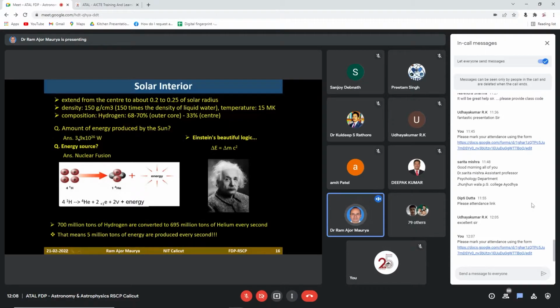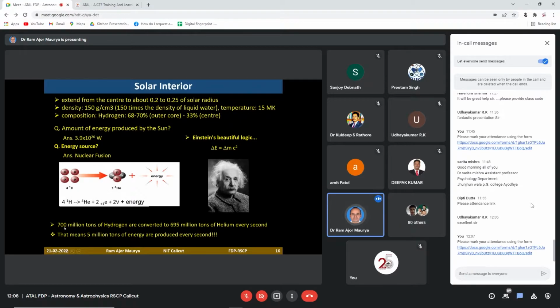So this is the luminosity, 3.9 times 10 to the power 26 per second. This much energy is being produced every second, and from this we can find how much energy we get from one reaction. Then based on that, we can find the total hydrogen that is being converted to helium every second.